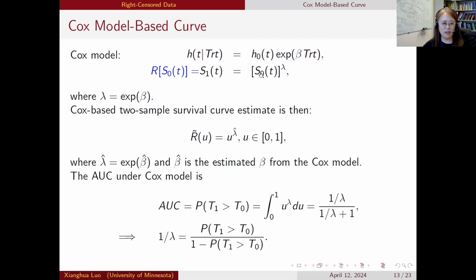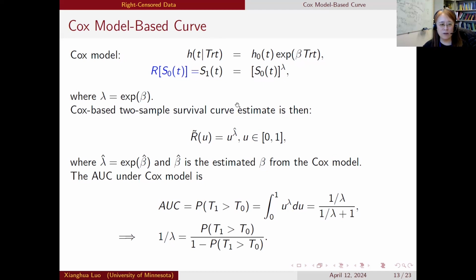Because the survival function in the treatment group is a function of the control group survival function. That's exactly the definition of the RLC survival curve. So I put this part on the left-hand side so you can see clearly now. If you equate the blue notation and this, it's just the definition of a Cox model-based curve.